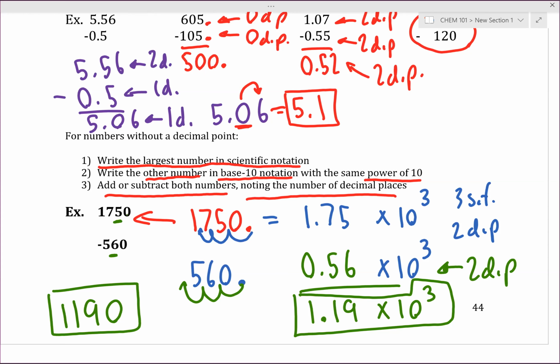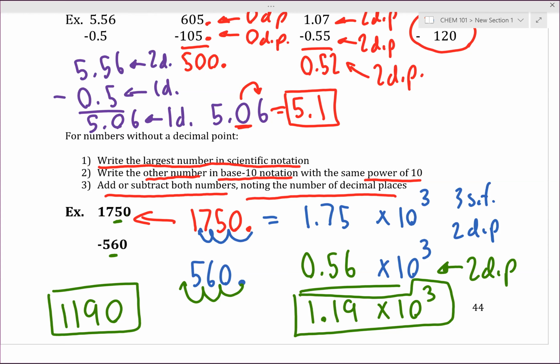Any question? Yes? Oh, yes, yes. And this isn't to make the subtraction easier. It's to make the significant figure counting easier. It's due to the fact that, yes, we can see the last reported significant place is the tens place, but another way to think about it is both of these numbers have 2 decimal places in this base 10 notation, so we retain 2 decimal places.